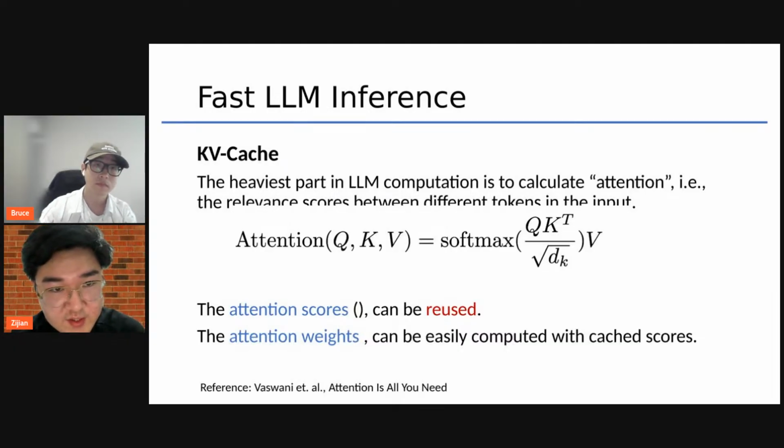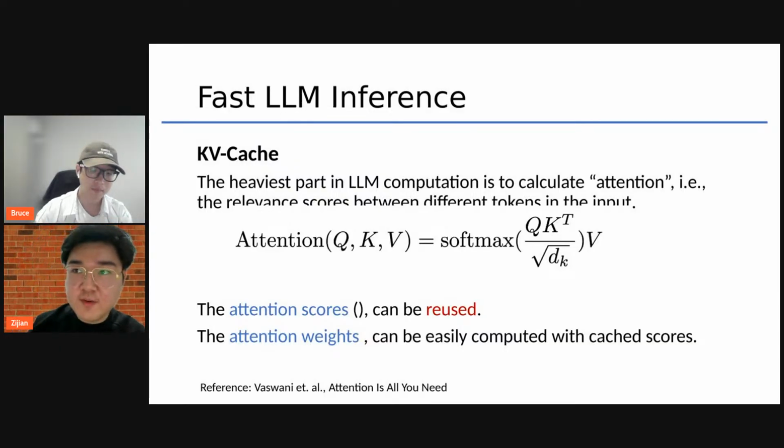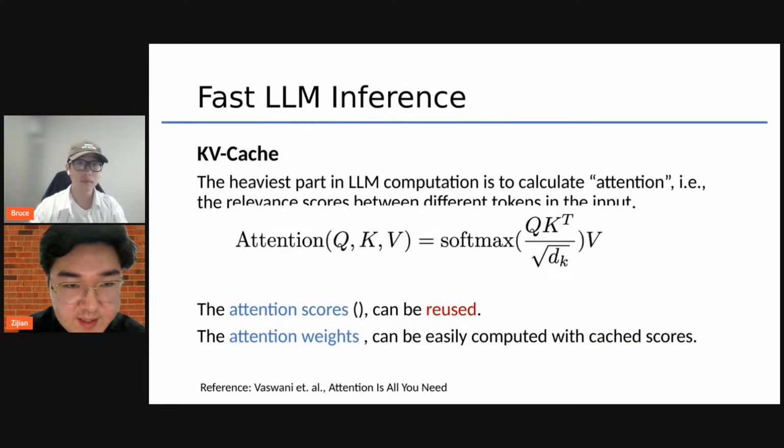The KV cache is, I would say, the key to the majority of LLM inference acceleration techniques. But before we delve into those, let's first figure out what this KV cache really is.